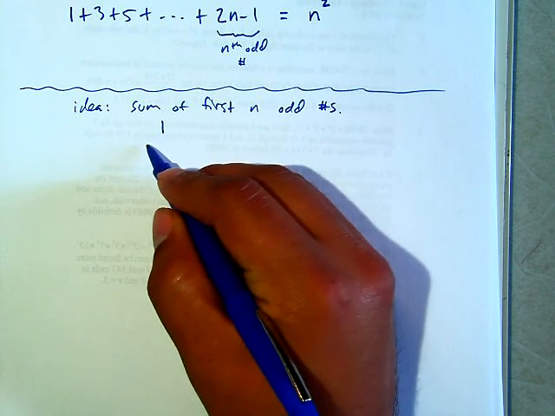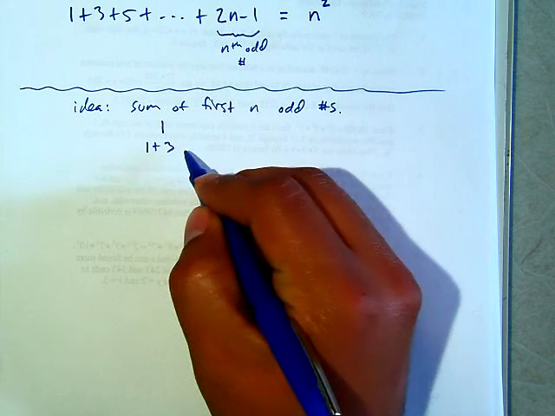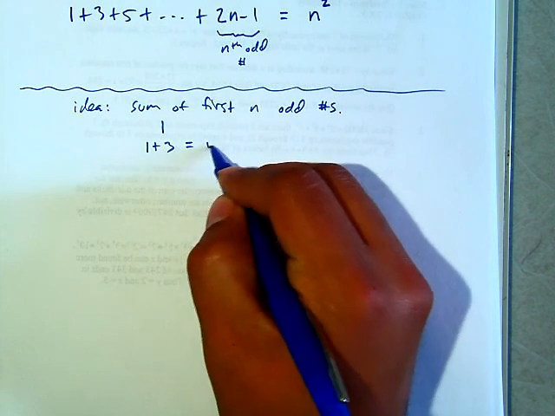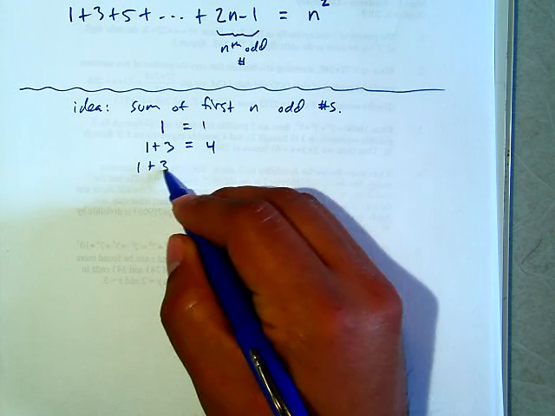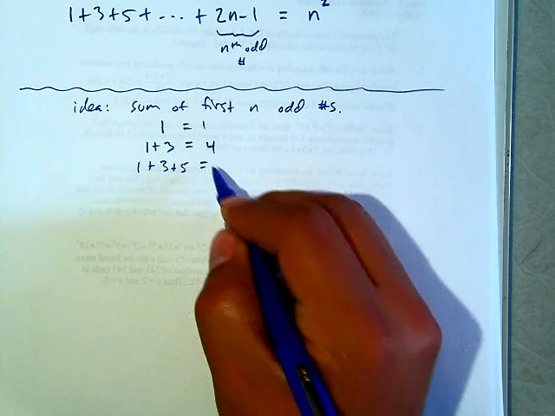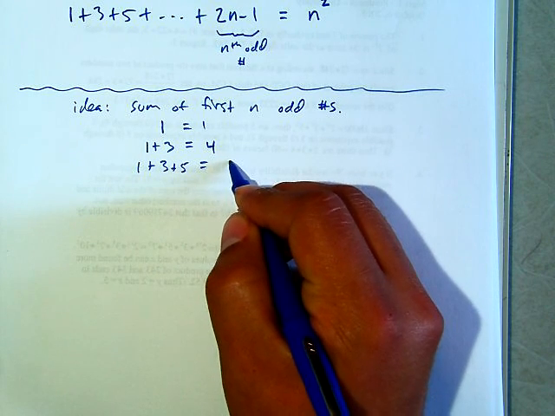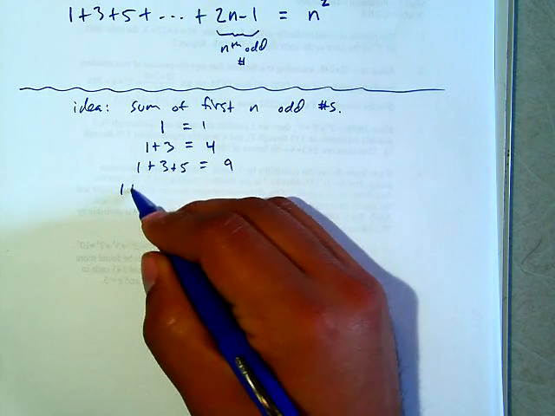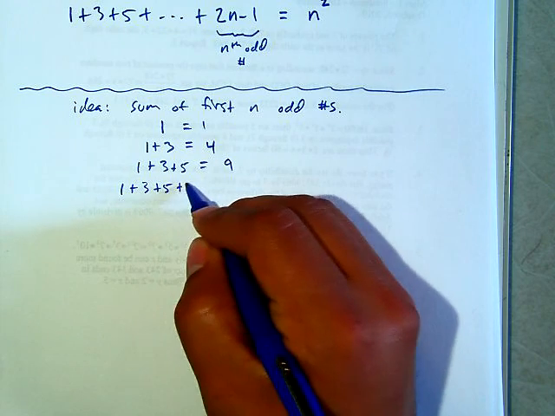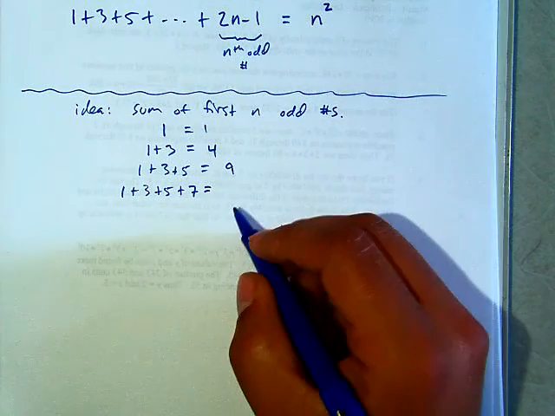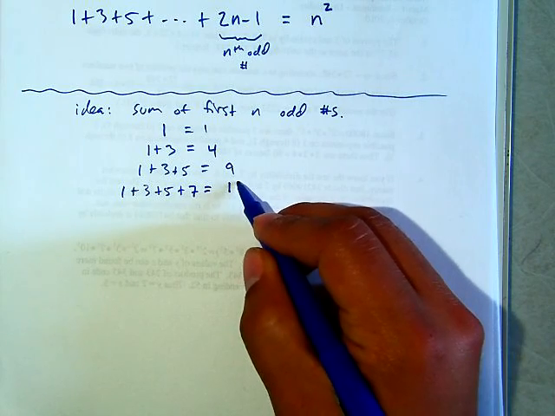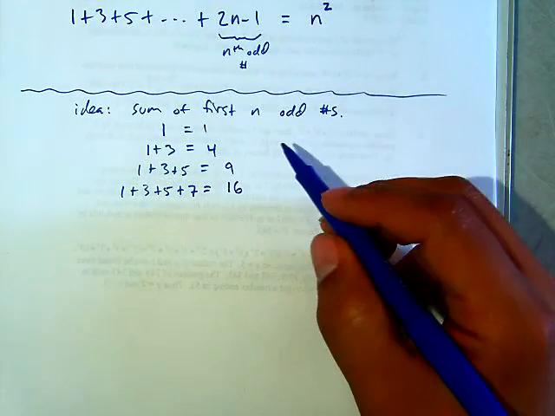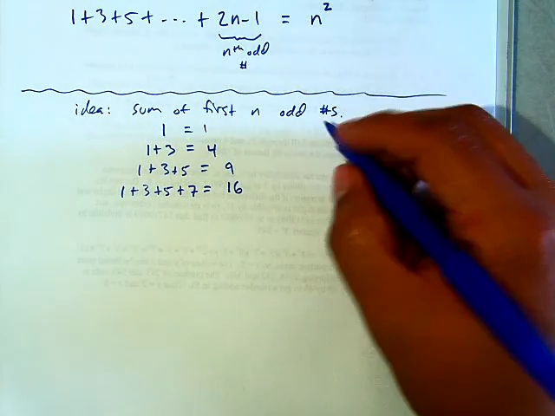But what if I add the first 2 odd numbers? So we get 4 here. If I add the first 3 odd numbers, what do we get? And let's just do one more for fun. What's this one going to be? 16. That is correct.